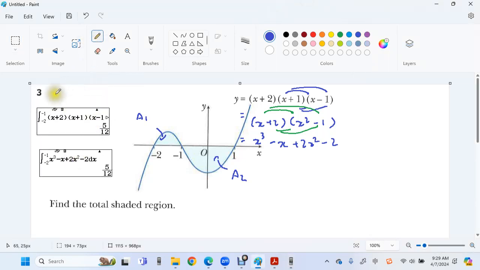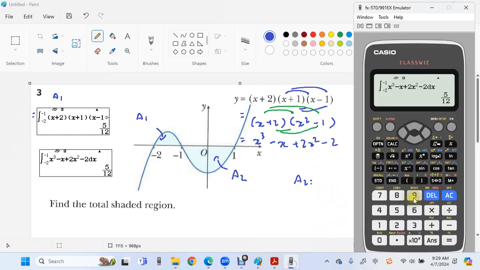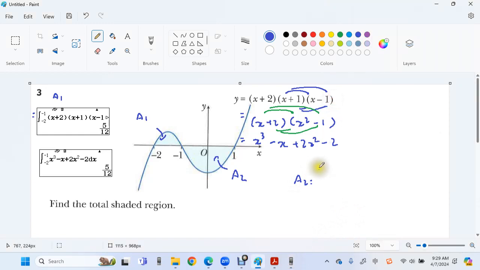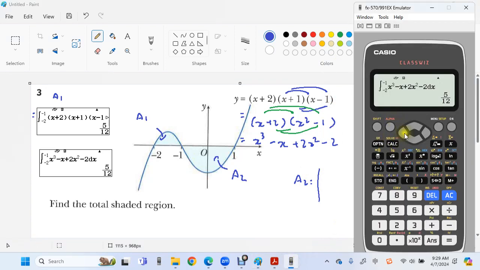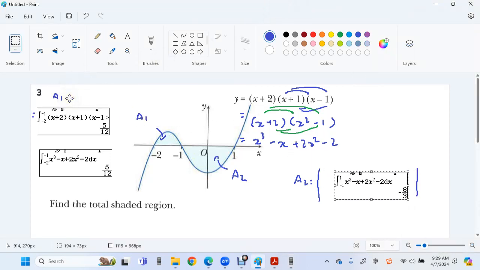Okay, this is area 1. For area 2, we need to put the modulus. So modulus of this, and just now for this equation, I changed the boundary from -1 until 1. Then I have -8 over 3.